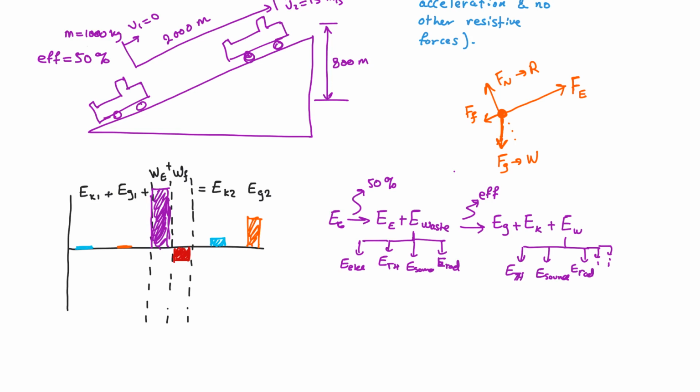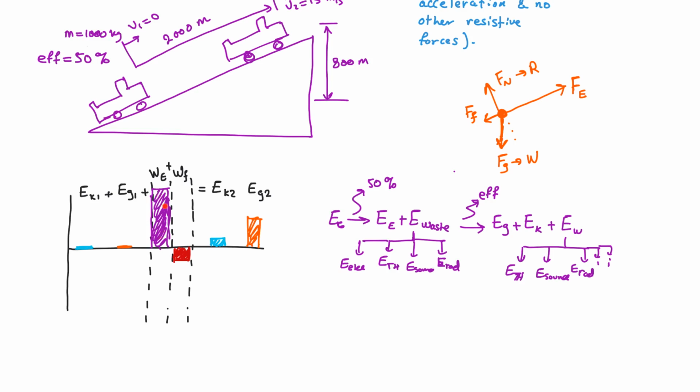Now that we've looked at this question and analyzed what's happening, we have to start solving it. So the first thing we need to solve is to determine the chemical energy. Cross-referencing back to this, the chemical energy is going into energy to the engine, and that energy is going to the kinetic and gravitational plus the frictional losses there.